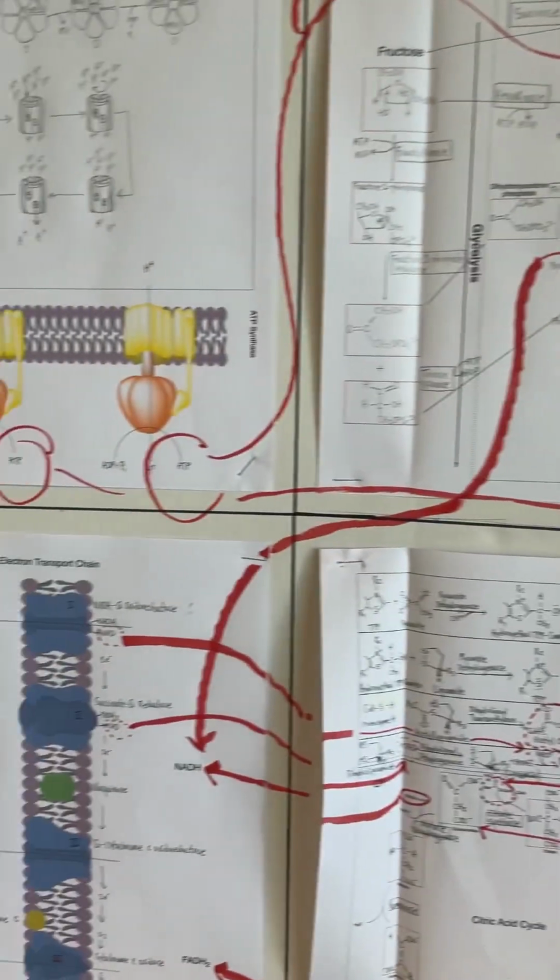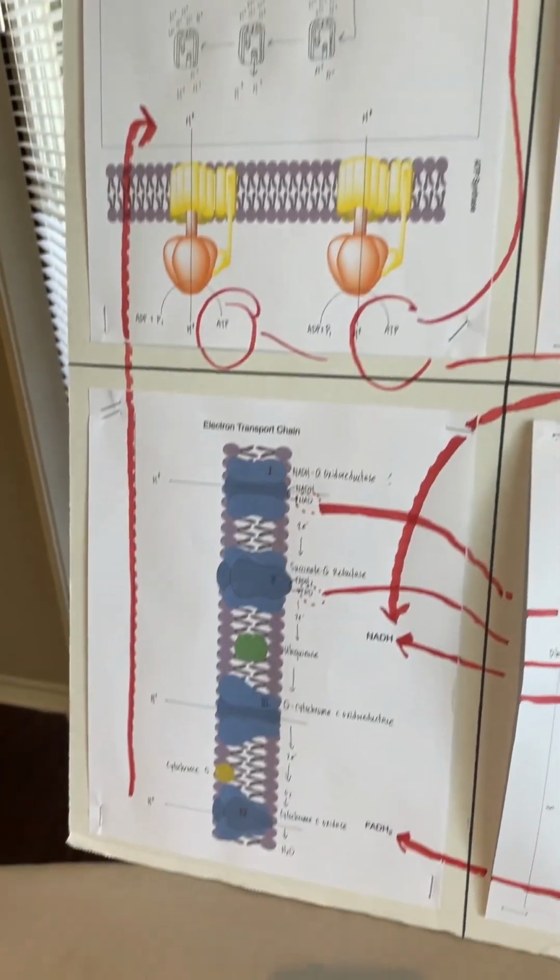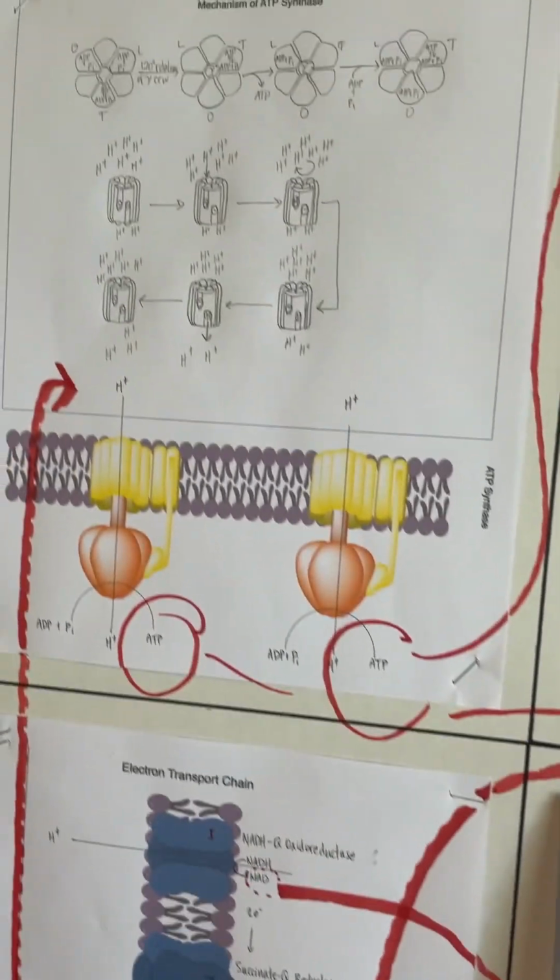And all of these eventually forming the ATP products used or formed from the electron transport chain, as well as the ATP synthase molecule. All right, thank you very much.